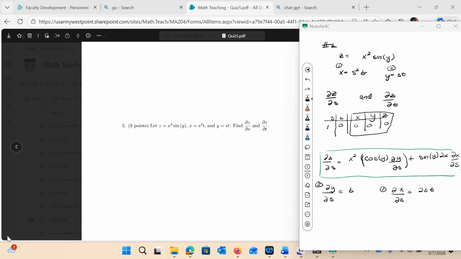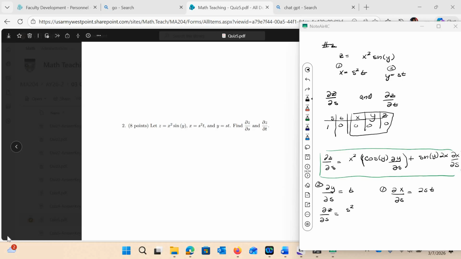Everything that you have, equation 1, equation 2, and these partials get popped into the partial of z with respect to s. And so then I get the partial of z with respect to s is going to be a nasty mess.